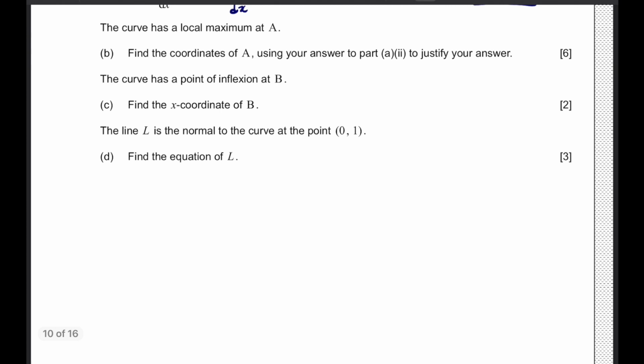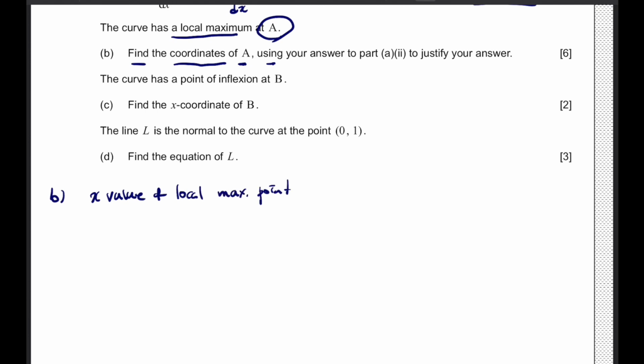Then let's try question B. We know that the curve has a local maximum at point A, and we need to find the coordinates of A, using our answer to part A(ii) to justify our answer. Since we have a local maximum at point A, we can identify the x value of the local maximum point using the first derivative of the function y.